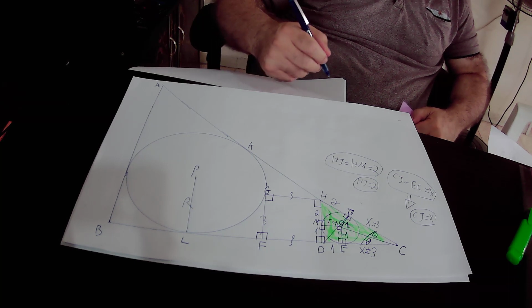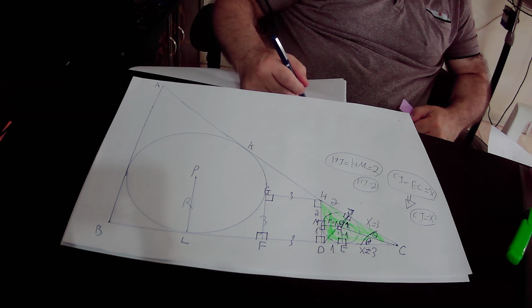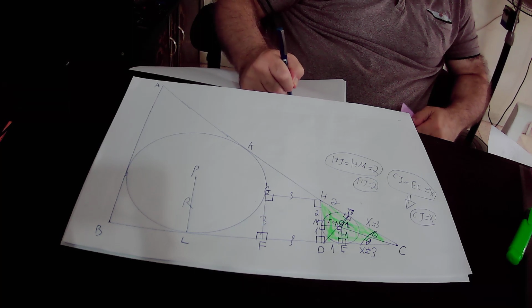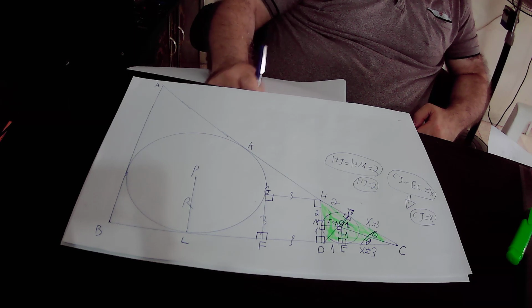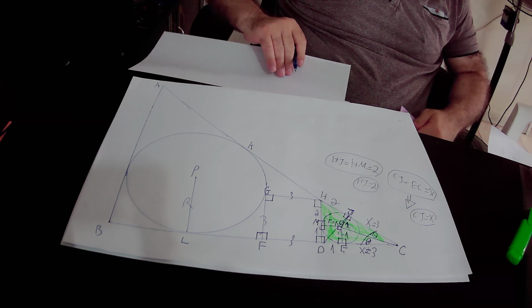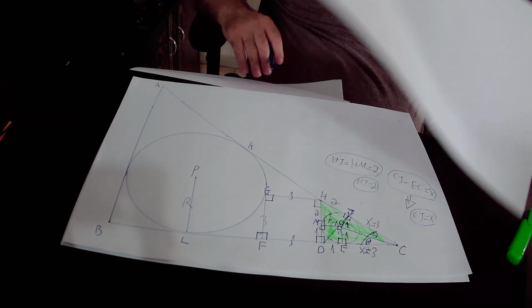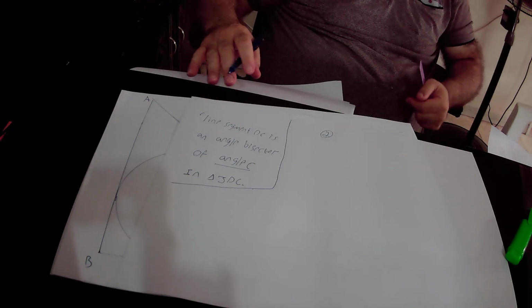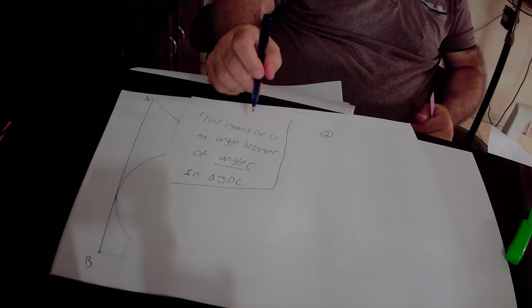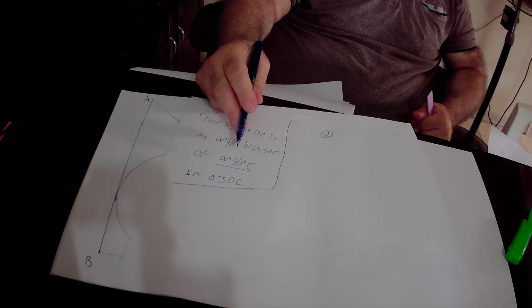Repeat again, OC is the angle bisector of angle C in triangle JDC.